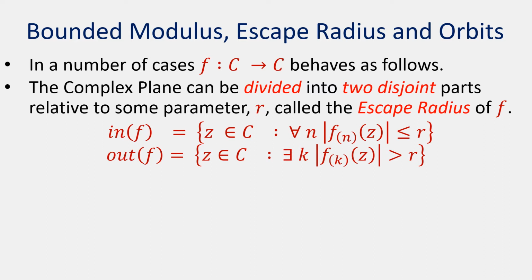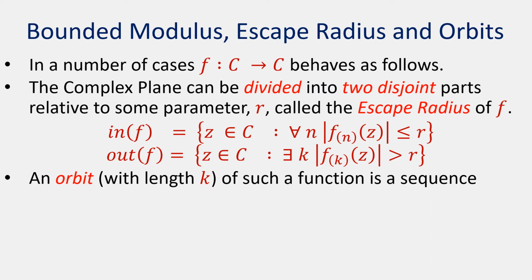The other region, the set of complex numbers which are outside, these are the set of numbers in the complex plane for which at some point we iterate the function enough times, and that's going to give us a complex number whose value is larger than the radius we are looking at.